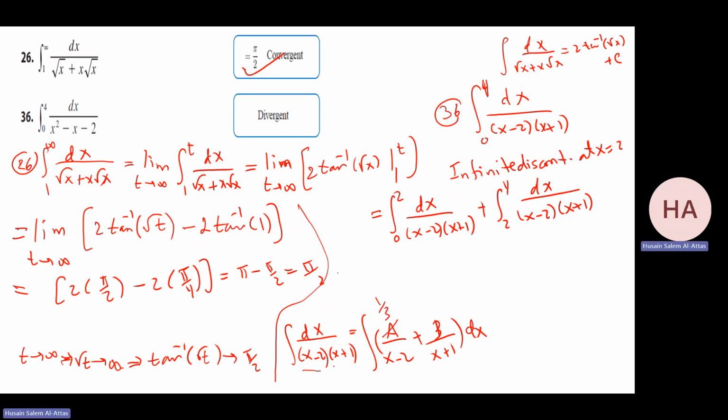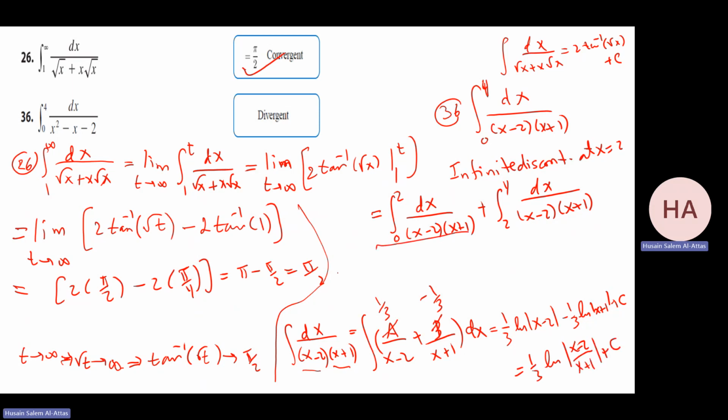Correct. This is with minus 1, so I have minus 1 over 3. 1 over 3 plus 1 over 3 is 1, yes. So I have 1 over 3 ln of x minus 2 minus 1 over 3 ln of x plus 1 plus C, which is 1 over 3 ln of x minus 2 over x plus 1 plus C.